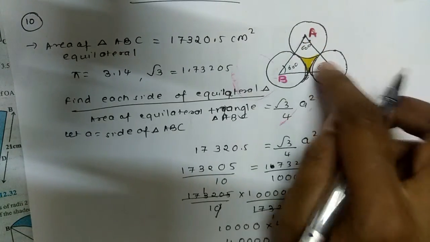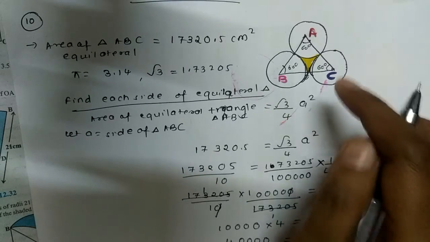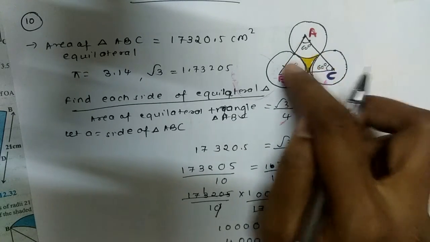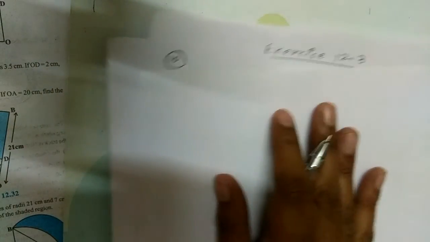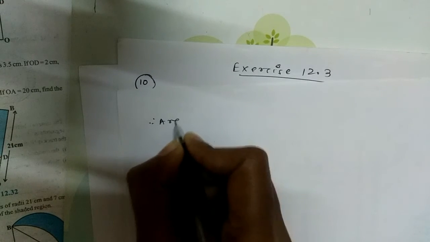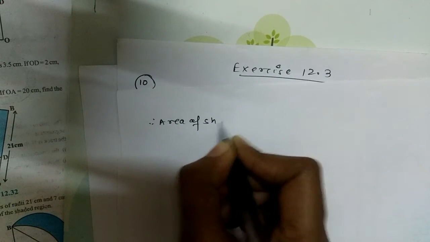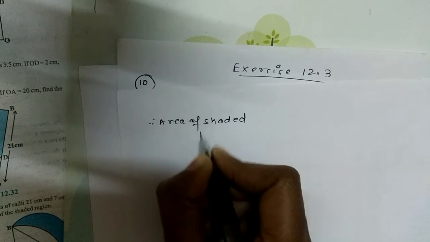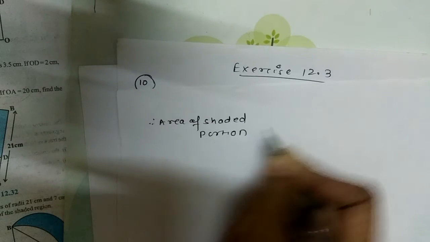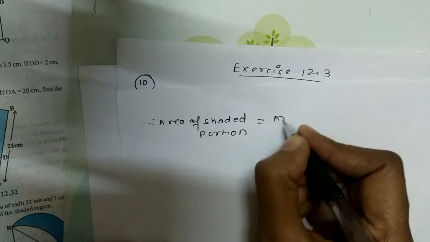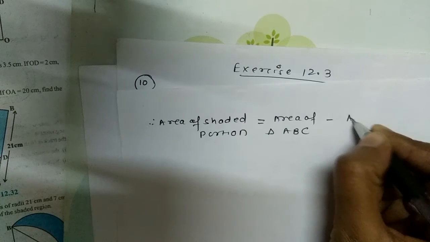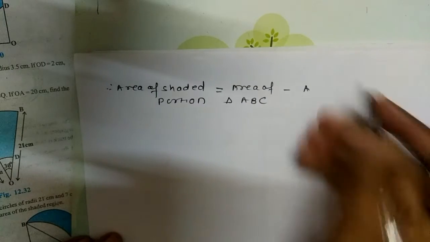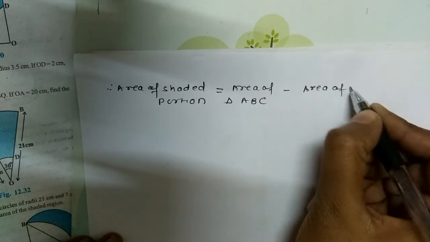So we got the area of 3 sectors, and we have the area of the equilateral triangle. From the area of the equilateral triangle, subtract the area of 3 sectors, so that we'll get the area of this shaded portion. Therefore, the area of the shaded portion is the area of triangle ABC, which is equilateral, minus the area of 3 sectors.